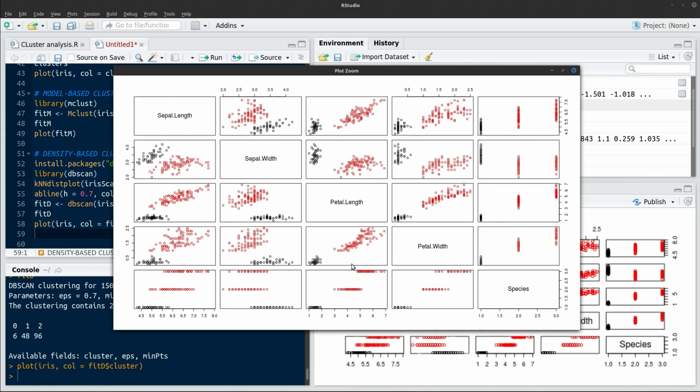Basically, what the curse of dimensionality states is that as you increase the number of dimensions in the data frame across which you're performing your cluster analysis, the number of observations that you need within each cluster to be able to cluster different subsets of observations from each other increases exponentially.